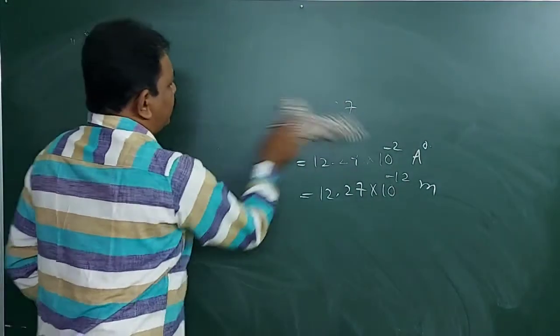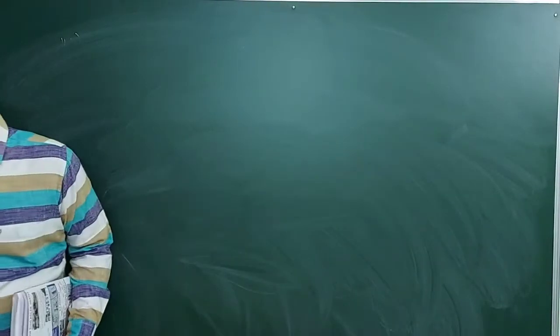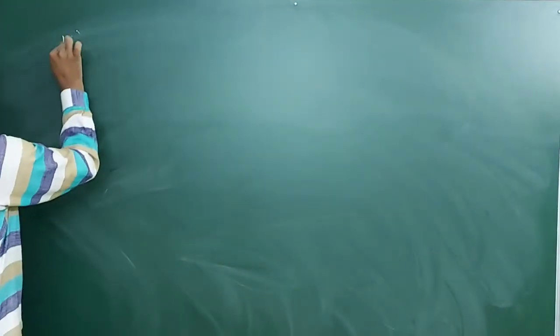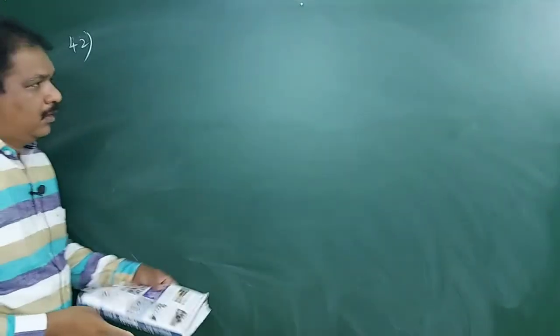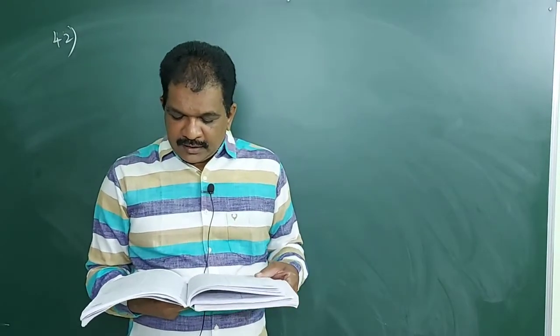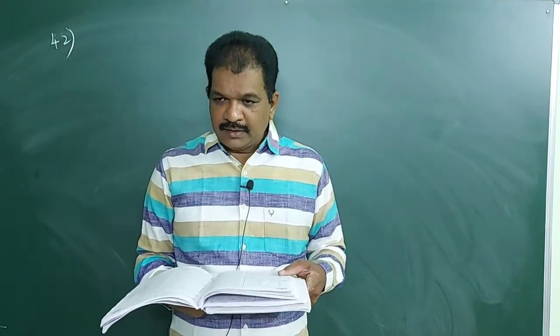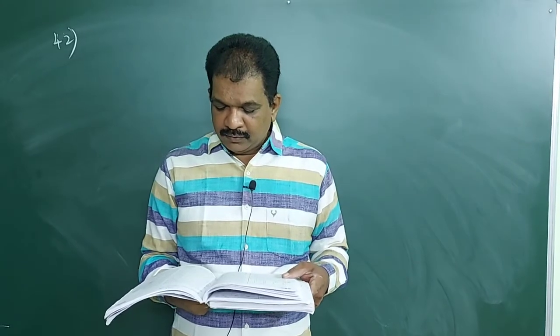42. What they are giving: the energy required to break one bond in DNA is 10 power minus 20 joules.